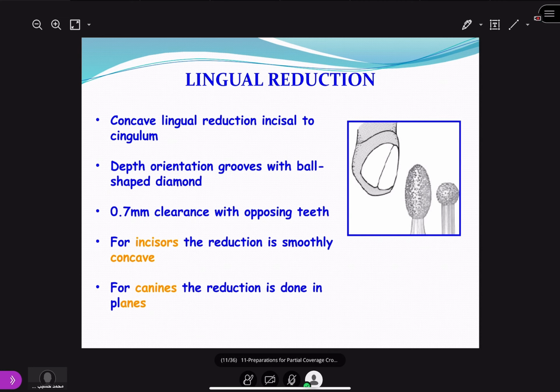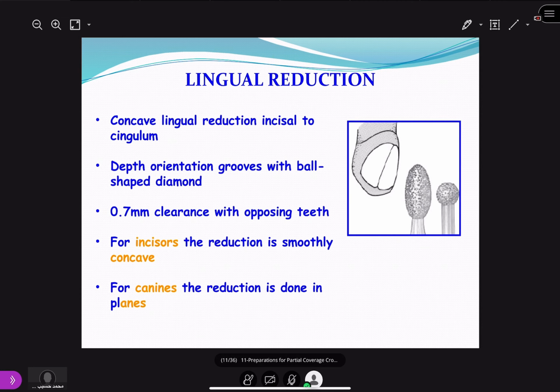For the area above the cingulum, we will use a torpedo burr, because here we have to provide the chamfer finish line, because the partial coverage crown will be made in all metal. So for all metal the finish line is a chamfer finish line, and we make it with the torpedo burr.